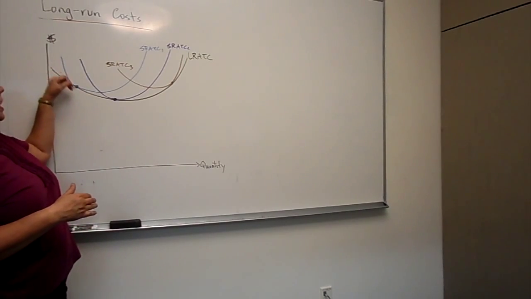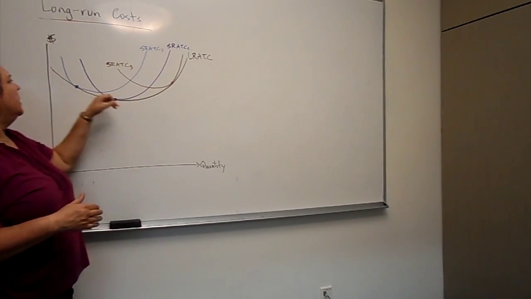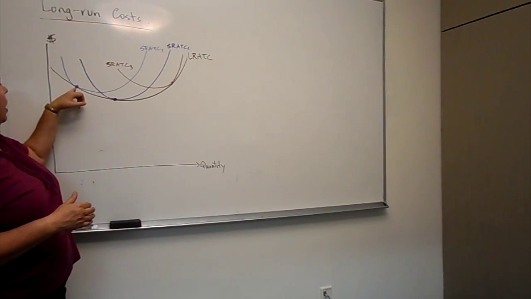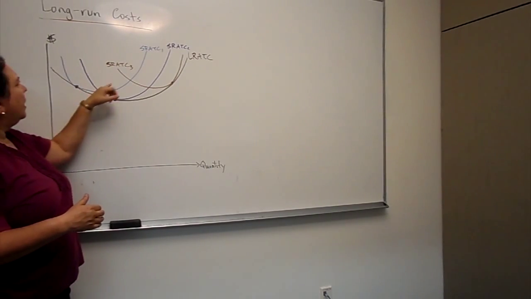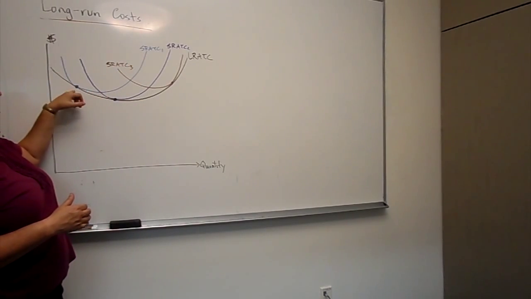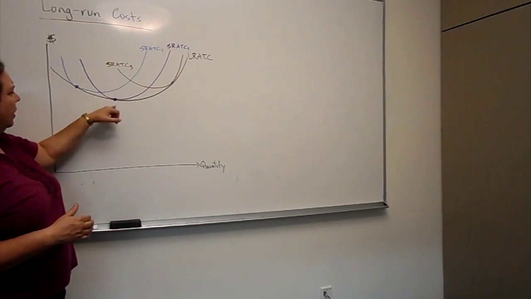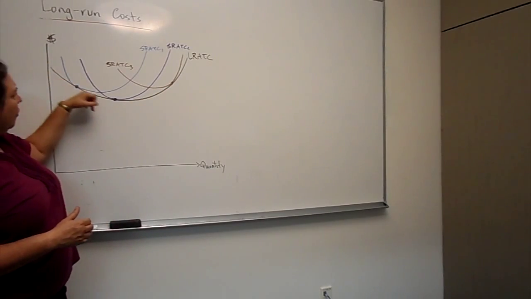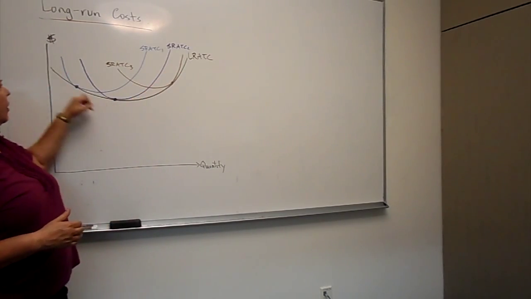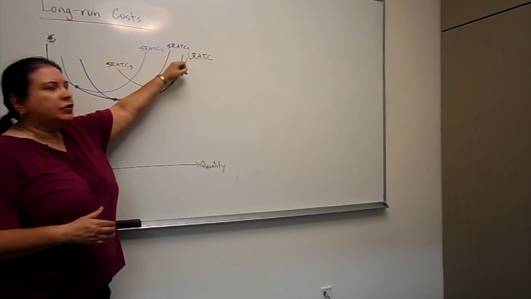So the long run average total cost is plotting all the points of the minimum short run average total cost against each quantity that's produced. So it's the lower envelope of all the short run average total costs.